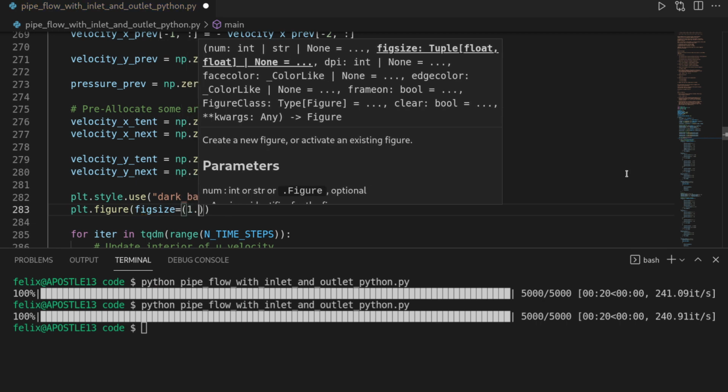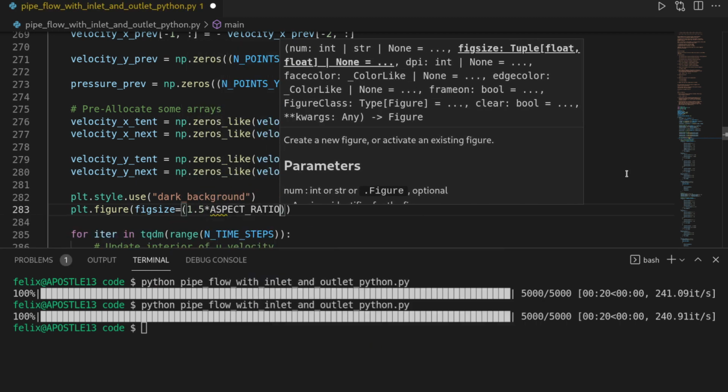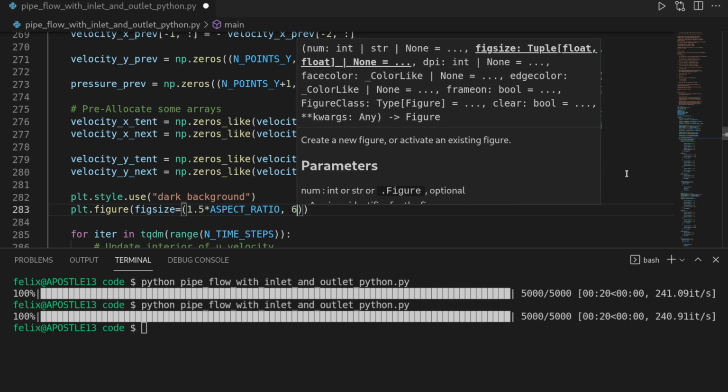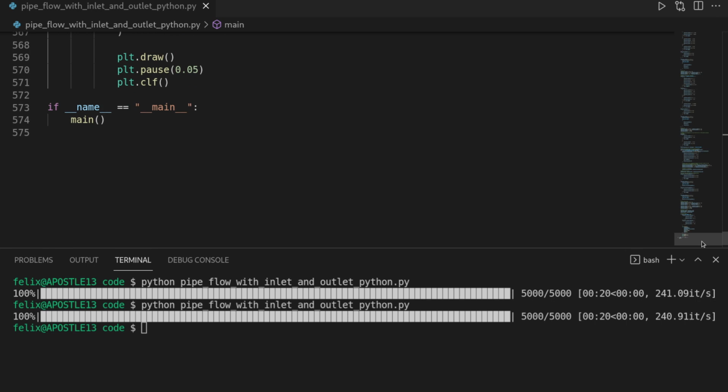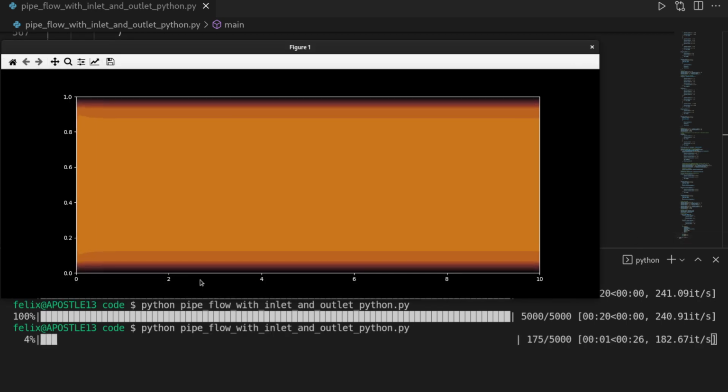Figsize is 1.5 times aspect ratio and 6, which actually is not the correct aspect ratio, but it just looks nice, and we can mentally account for the distortion. So let's go down here, and if we let this run again, we should be getting, yes, what we've seen in the intro. Amazing.